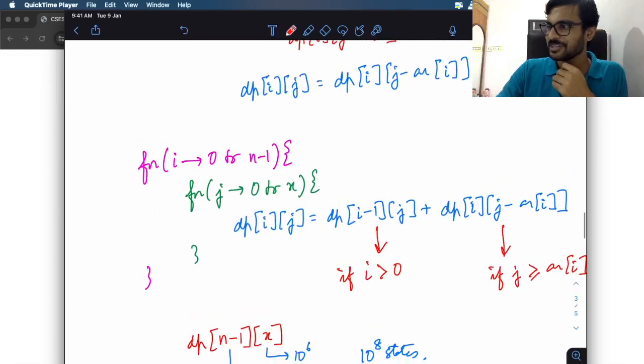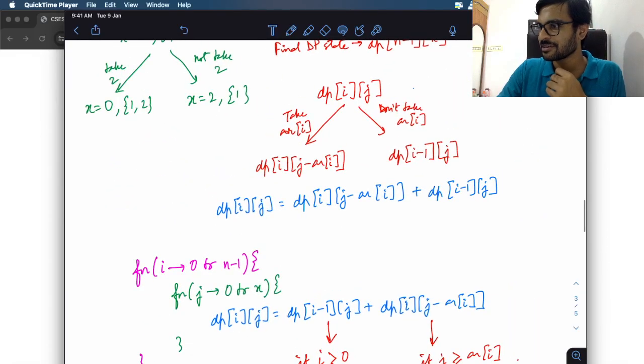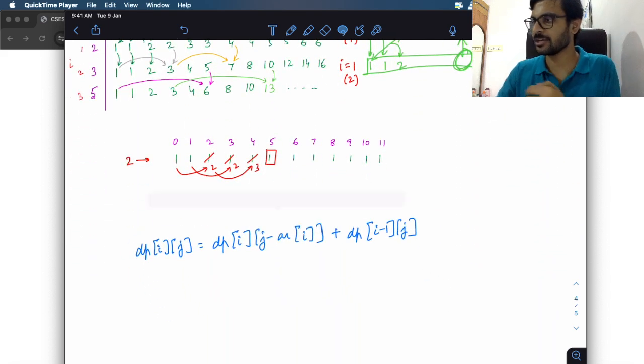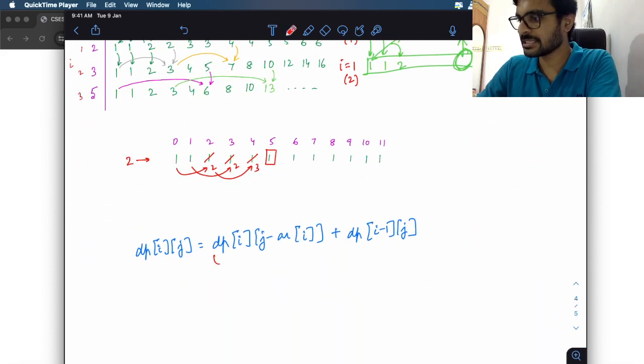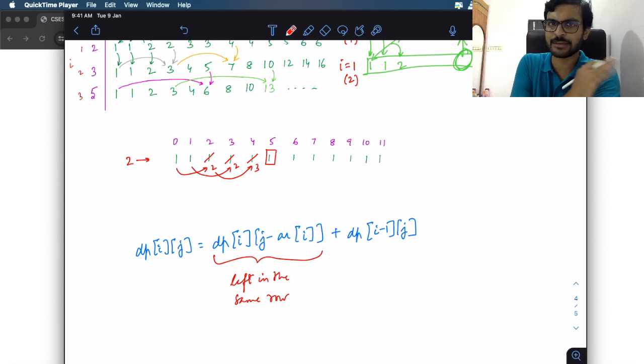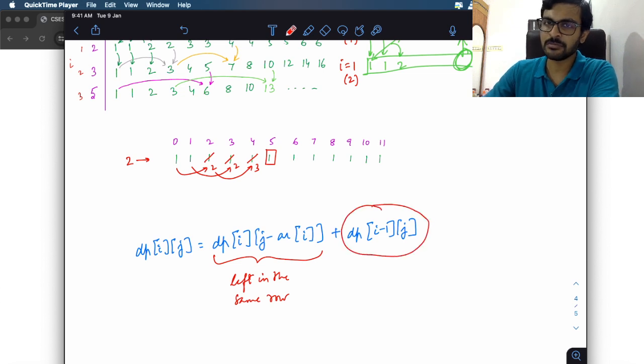So now if we look at this particular iteration, here we are saying go to the left. This is the left in the same row. This is the left in the same row. So we are already forming that we are coming from left to right. So the left has got updated. We have this in the same row. And this one is basically the same column.